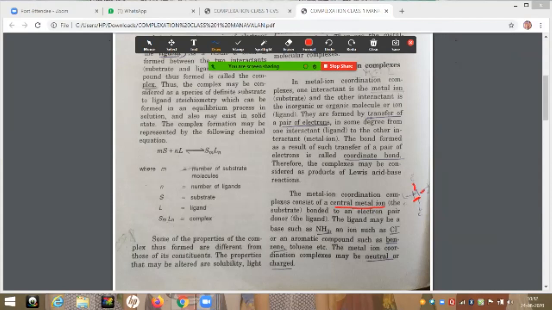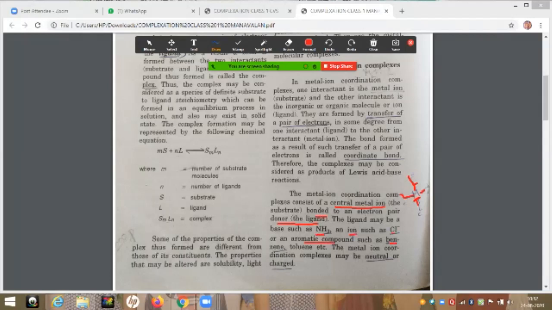Depending upon its valency, or the vacancy to accept pairs of electrons, there will be ligand molecules attached to it. The ligand may be a base such as ammonia, or an ion such as chlorine, or it may even be an aromatic compound such as benzene, toluene, etc.